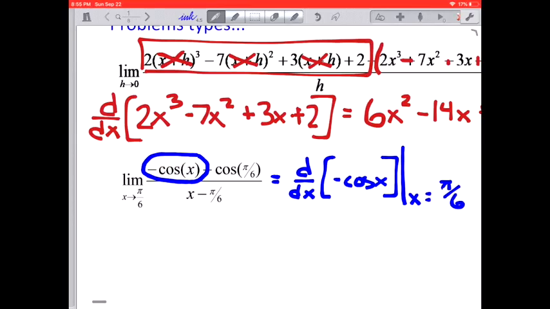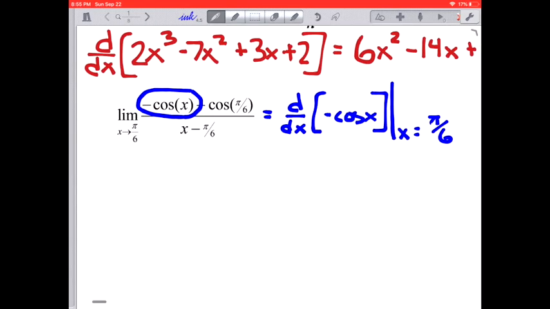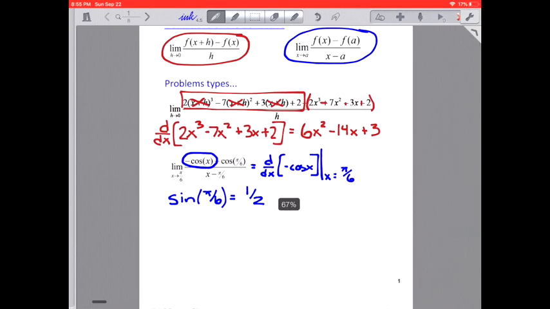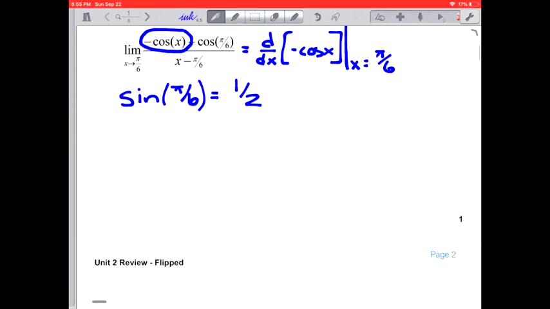So no longer are we just doing it at some random point a, we have a specific point. Now the derivative of negative cosine of x is negative sine of x, so the negatives cancel out, and we end up just getting the sine of x evaluated at pi over 6, which is a positive 1/2.